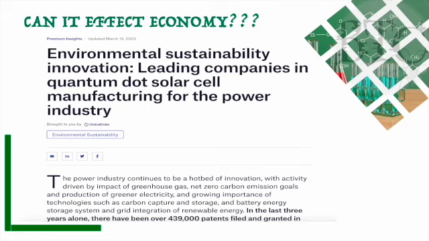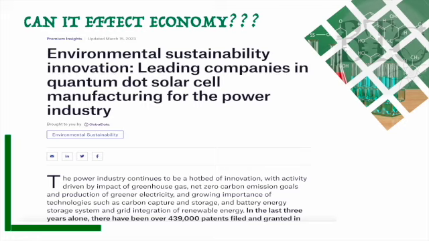Okay, fair enough to convince myself of the use of quantum dots in solar cells. So now I am convinced that quantum dot solar cell manufacturing refers to solar cells that use quantum dots as the photovoltaic absorbing material. It's a key innovation area in environmental sustainability that we need to agree upon.